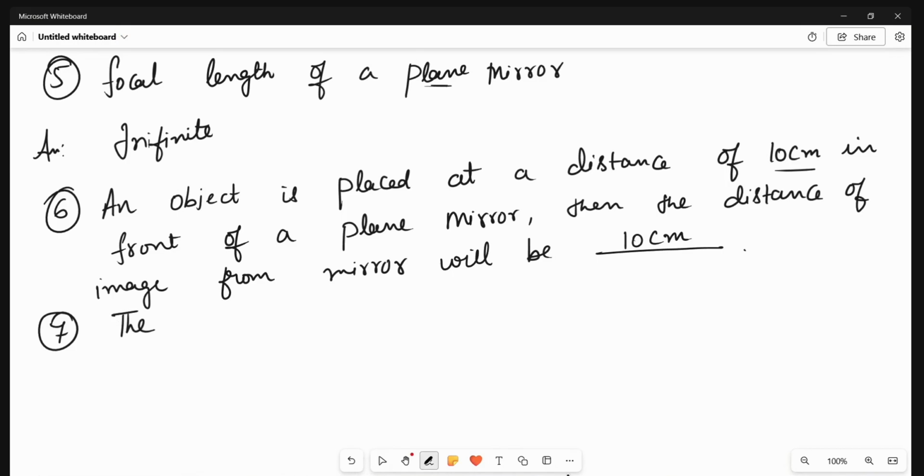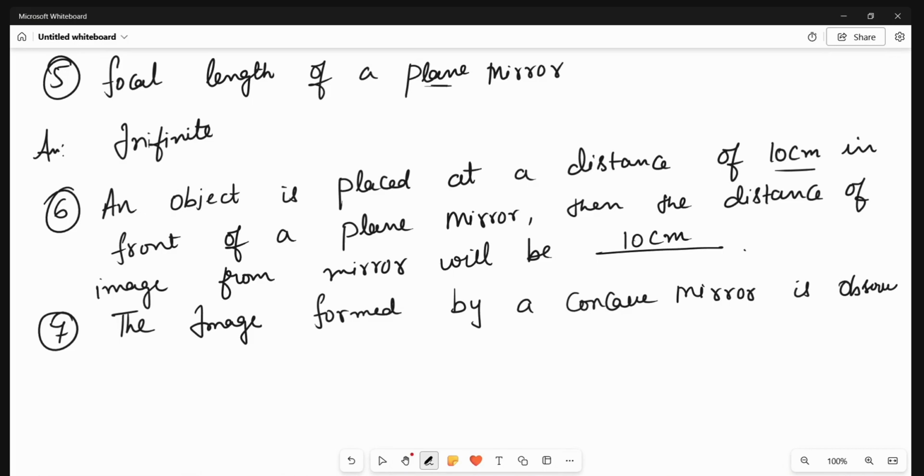The image formed by a concave mirror is observed to be real, inverted, and larger than the object.